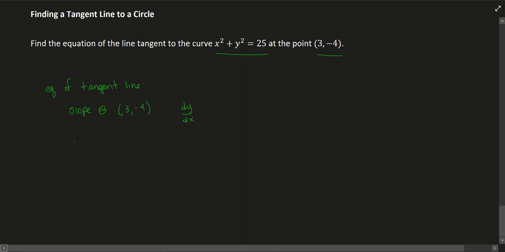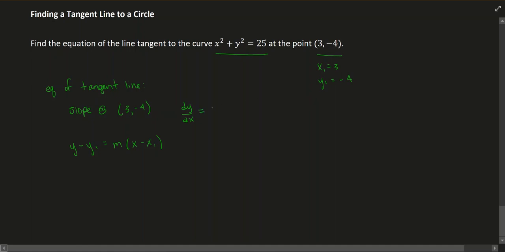And then we also need the point slope equation. Our x1, y1, that's the point that they give us. So our x1 is 3, our y1 is negative 4. And we know what our derivative is. We've already done this a few times.